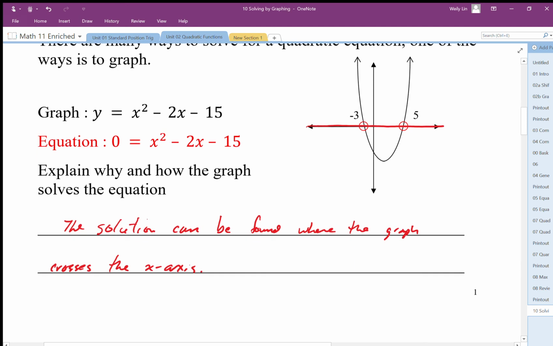And how it's going to be found is we just find the roots. So that's essentially how and why.